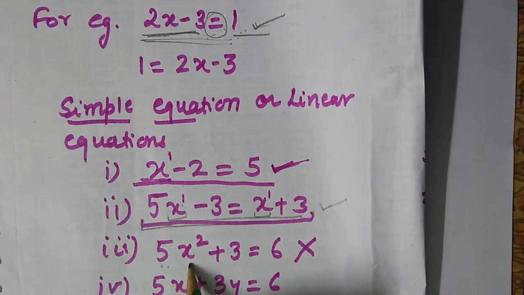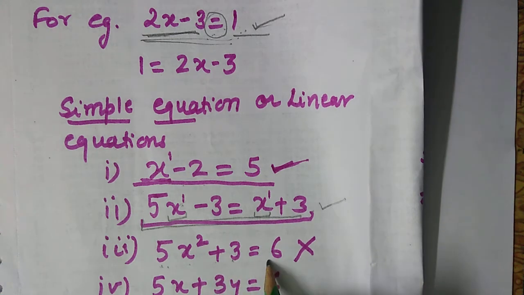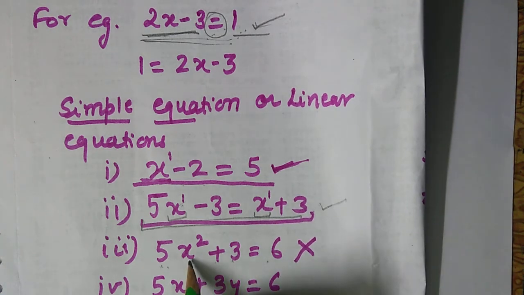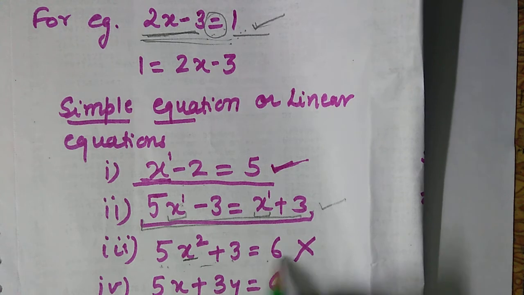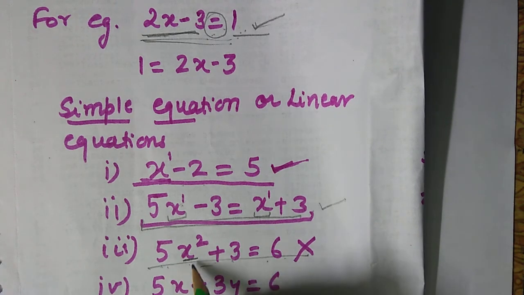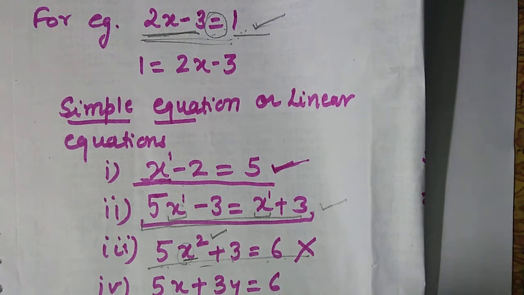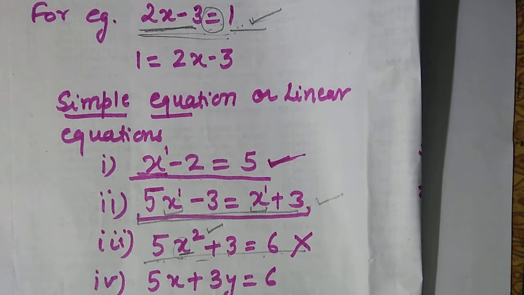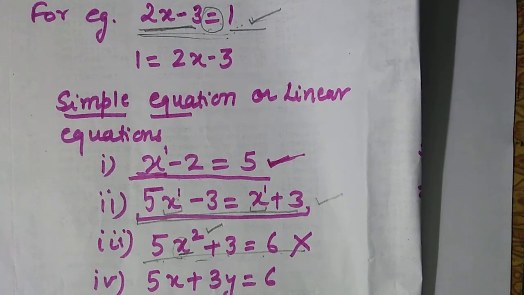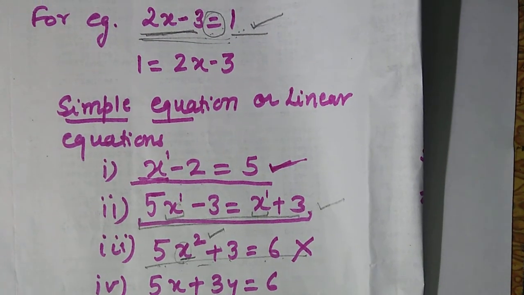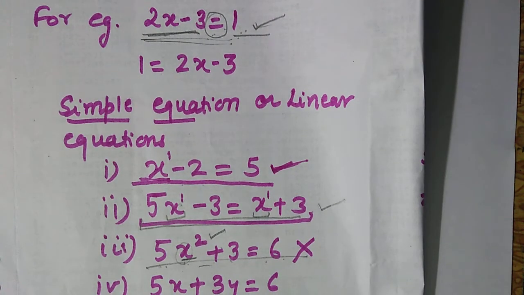If I am taking 5x square plus 3 equals to 6, here we are observing that the highest power of the variable in this equation is 2. So it means this is not a simple equation, or linear equation. Okay, so a simple equation always has highest power 1. So these are the different examples of linear equation.